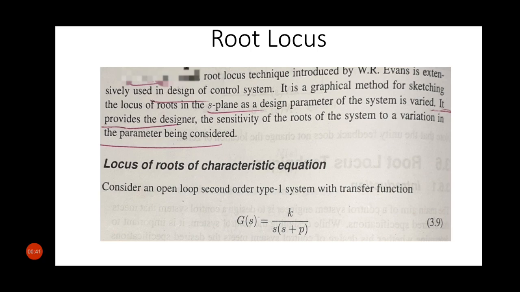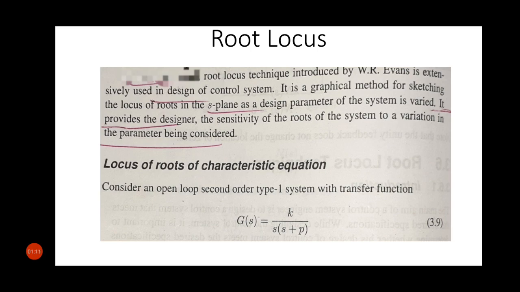This can be done by observing the response of the system for test signals. If the response does not meet the specifications, then he has to redesign the system by changing the design parameters. Moreover, the design must guarantee the stability of the system.